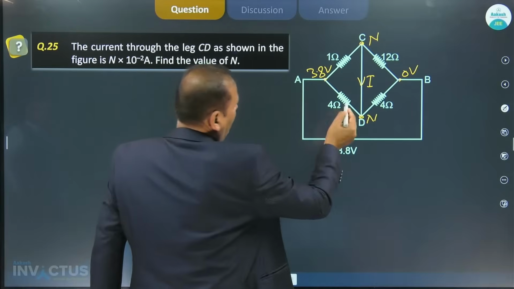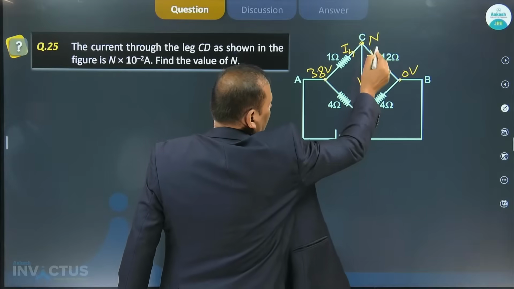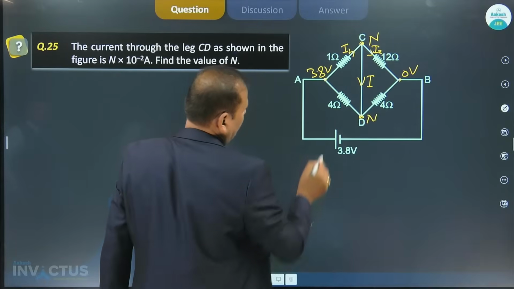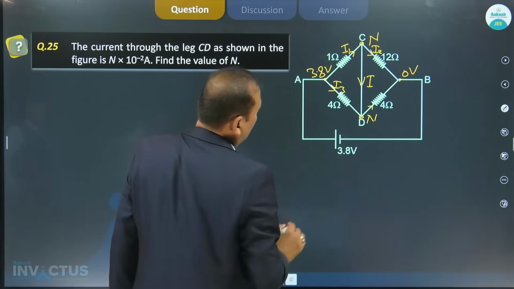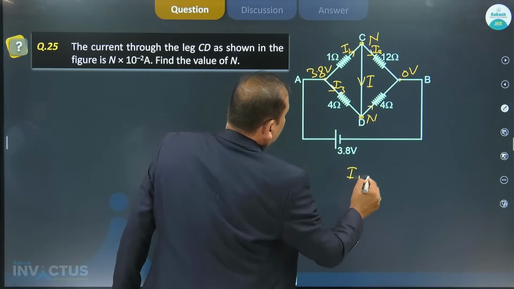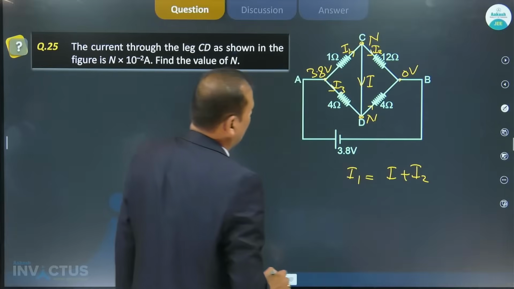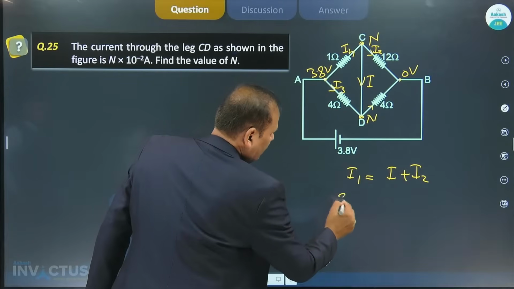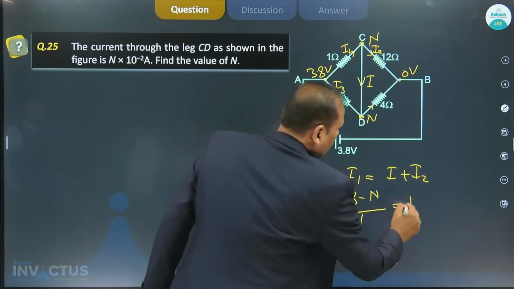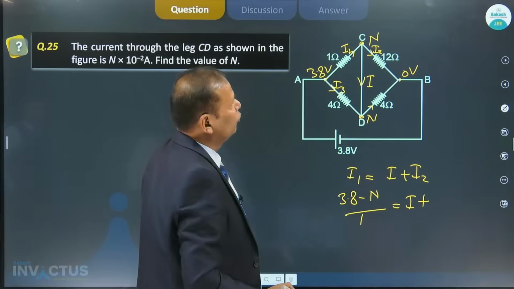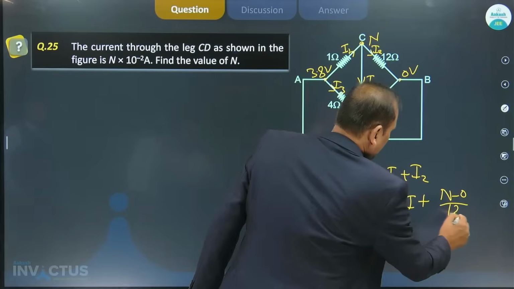So, we will write this current I1, this is I2, this is I3. So, I1 is equal to I plus I2. So, (3.8 minus n) divided by 1 is equal to I plus I2, which is (n minus 0) divided by 12.